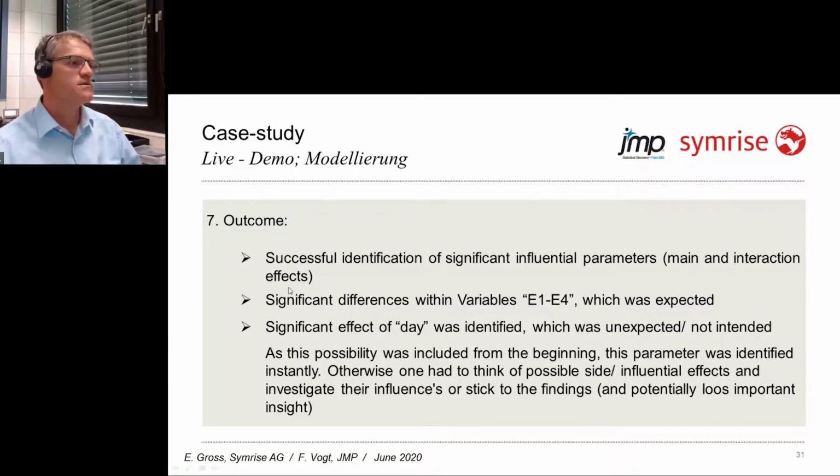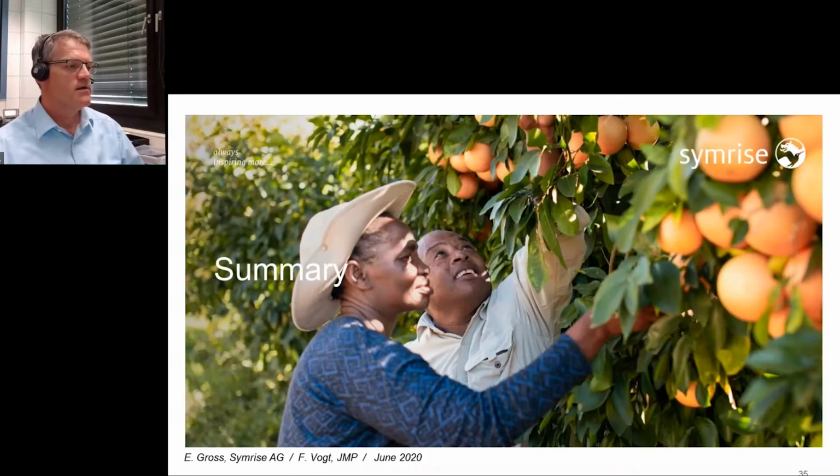We saw significant differences in the variables E1 till E4, which we expected. But the day, as I mentioned, was not expected. It was not intended to have an influence. And by using this in the background, we were then able to identify the root cause.